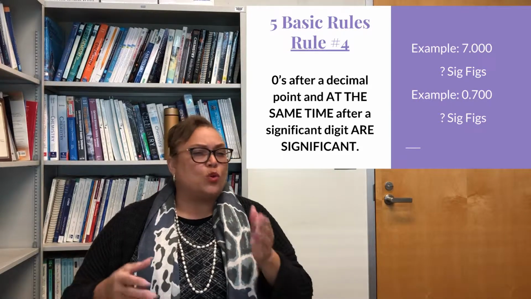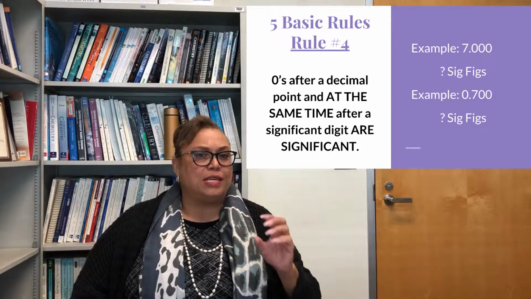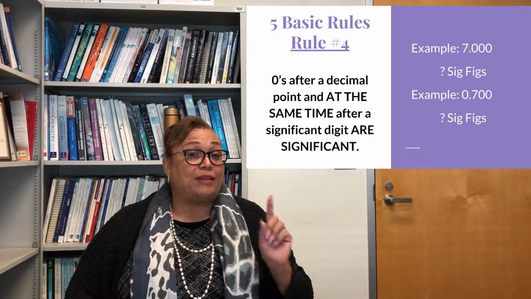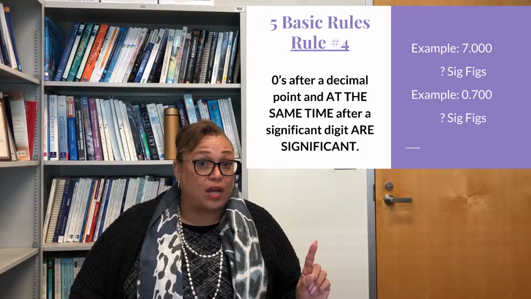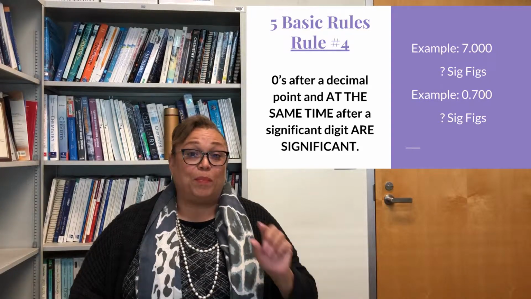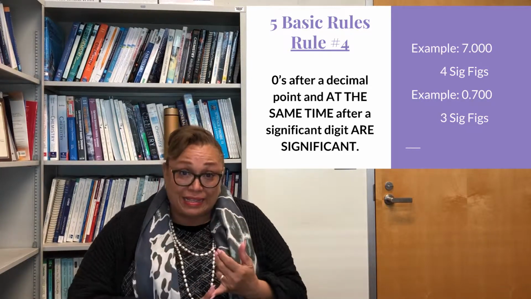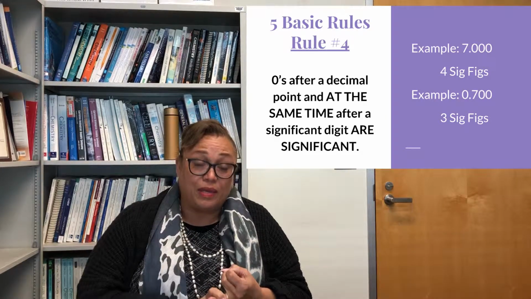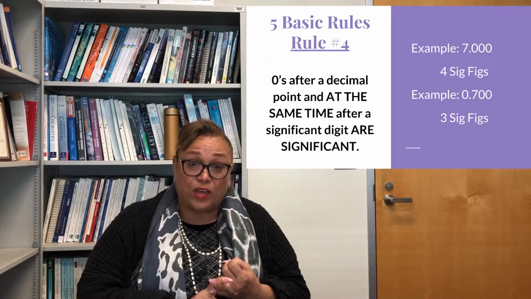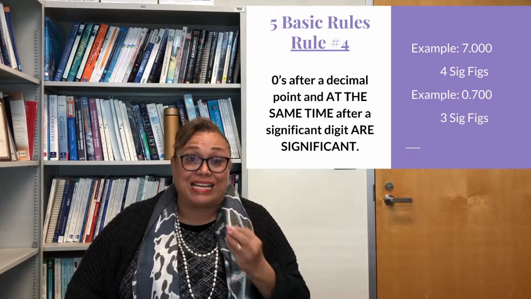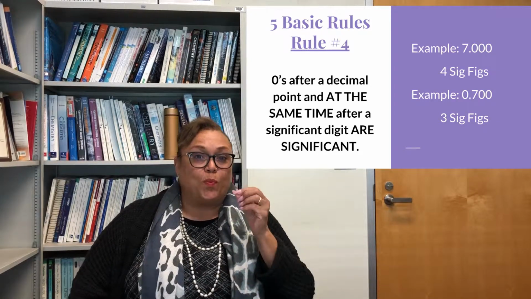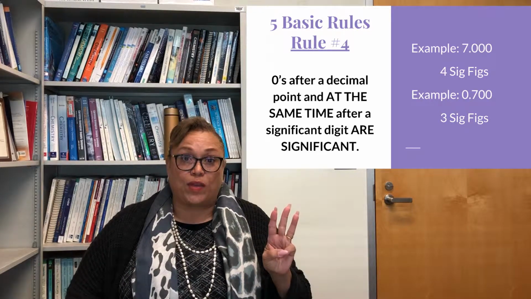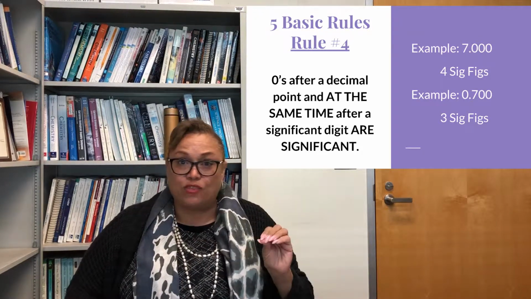So another example, 0.700. So when you think about that, 0.700, that beginning zero is not significant. But those zeros behind the decimal point and also at the same time behind the significant figure, they are significant. So 0.700, that's 3 sig figs. And you cannot drop it.